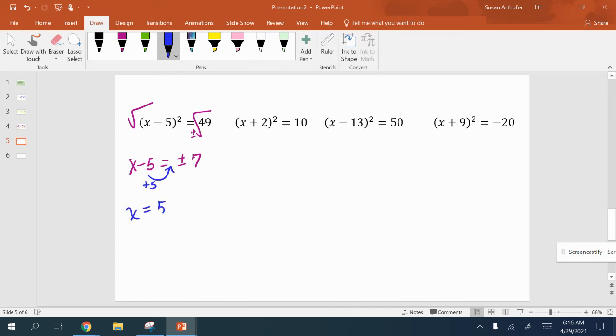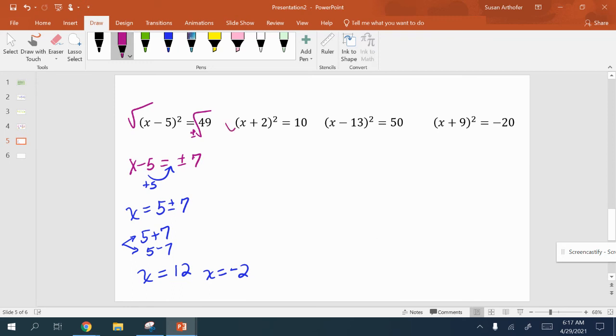So x is equal to 5 plus or minus 7. That's 2 answers: 5 plus 7 is 12, and 5 minus 7 is negative 2. All right, so it breaks up into 2 answers.